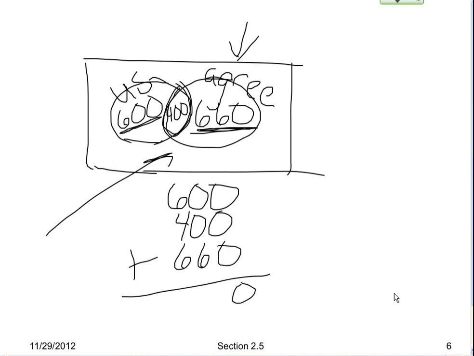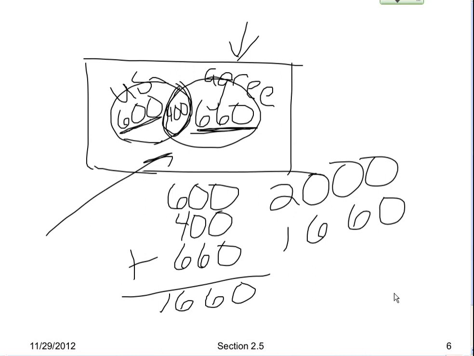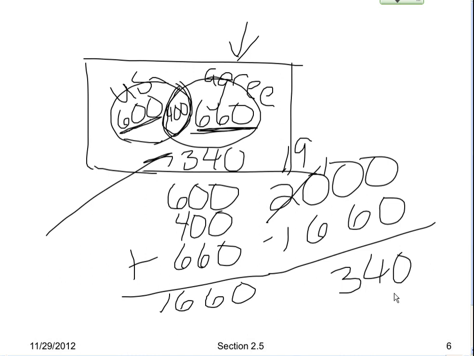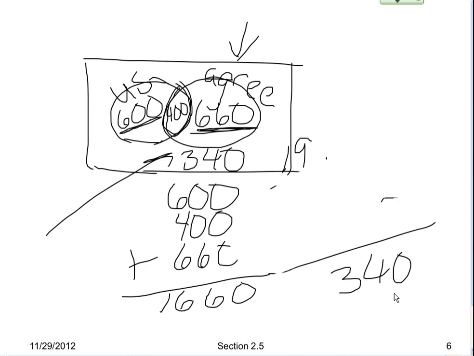So altogether, we've used 1,660 of the 2,000 that were surveyed. So to figure out what goes outside, we have 340 that are not in either circle. So if we add up all those numbers, it should total 2,000.